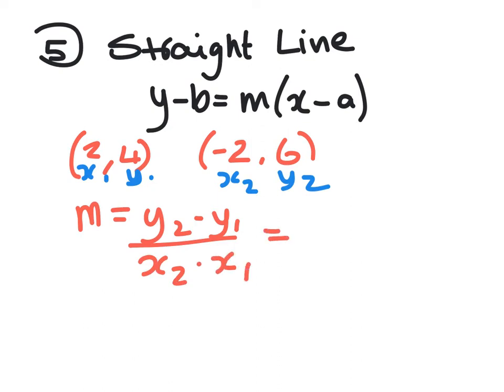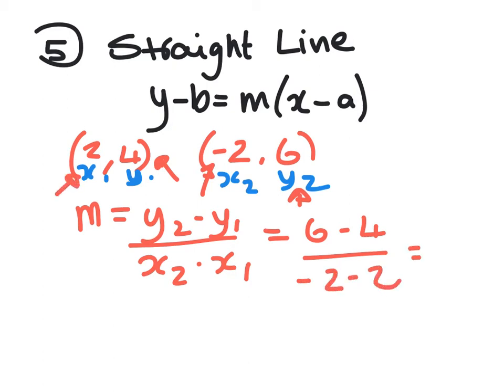So from my little numbers up here, y2 is 6, take away y1 is 4, over x2 is negative 2, take away x1 is 2. So what does that work out at? 6 take away 4 is 2. Negative 2 take away 2 is negative 4. Simplify that, I get negative a half.